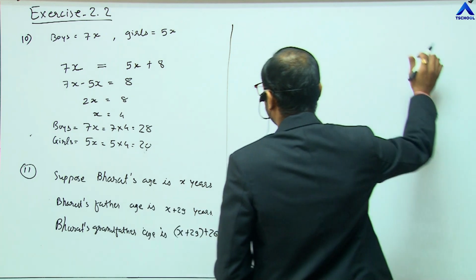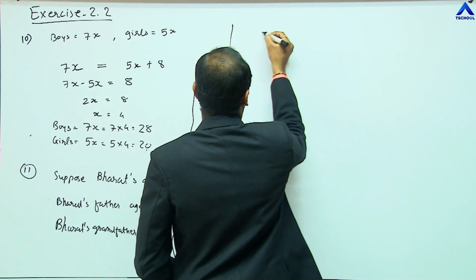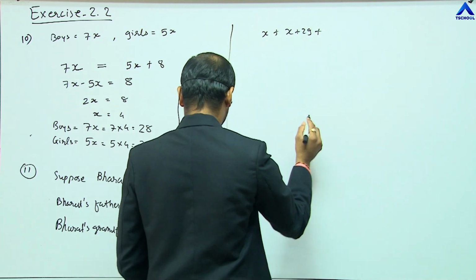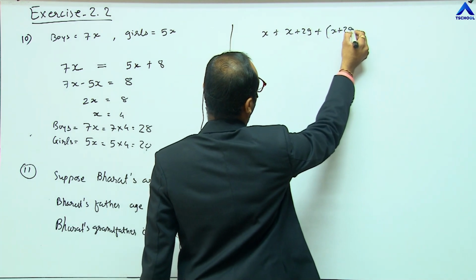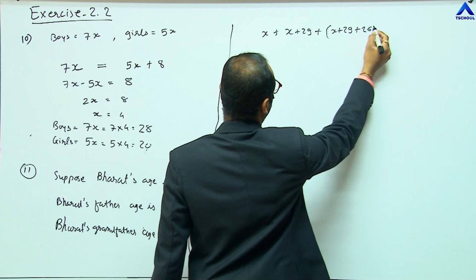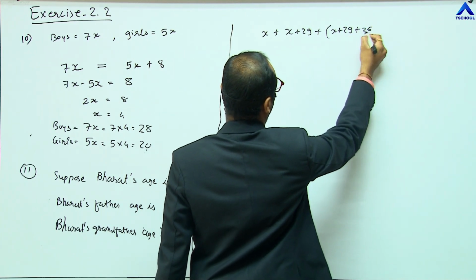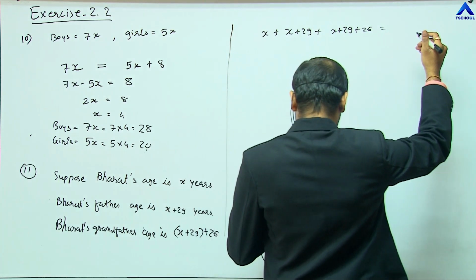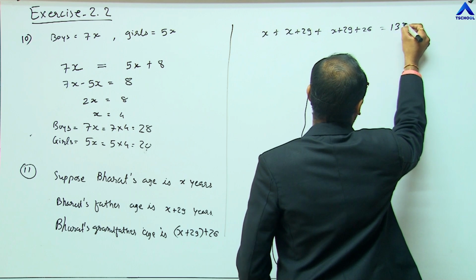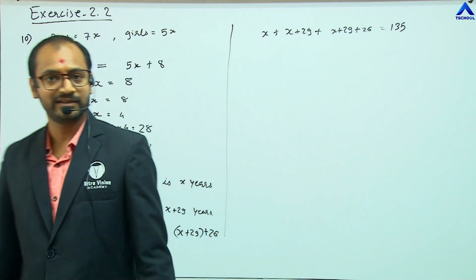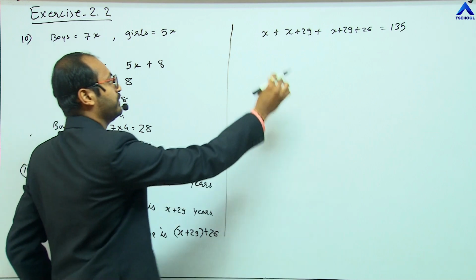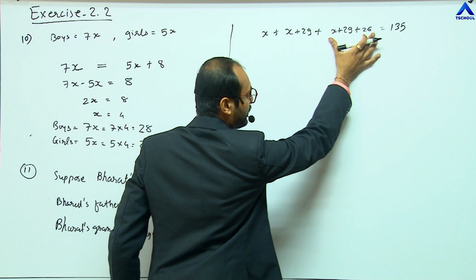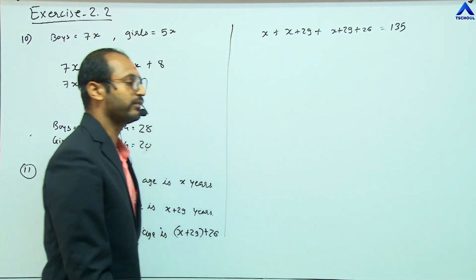Now it is a simple equation. How can we solve? x plus x plus 29 plus x plus 29 plus 26. Got it? Let us remove the brackets, and the total is 135. The addition of Bharat's age, Bharat's father's age, and Bharat's grandfather's age is 135.